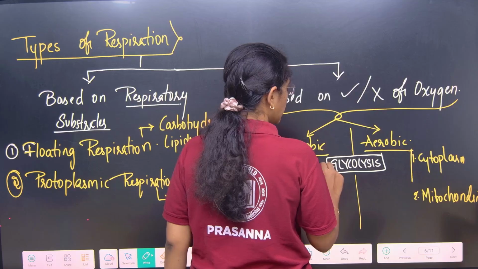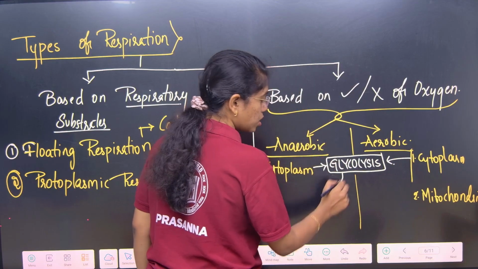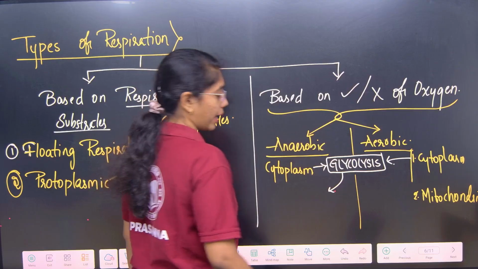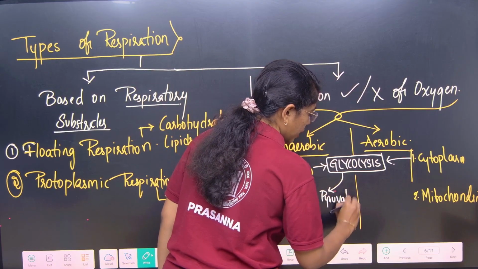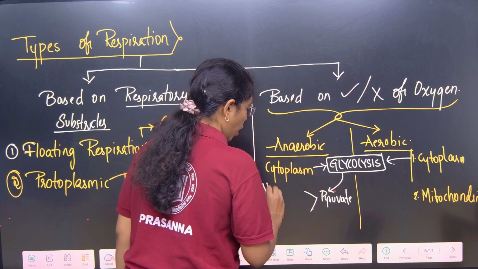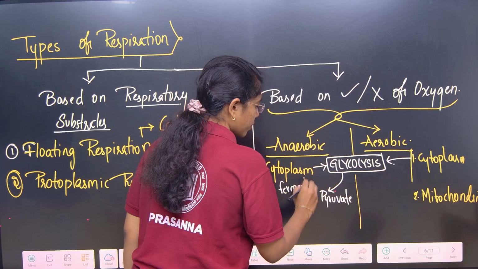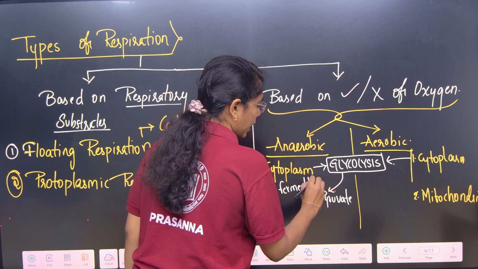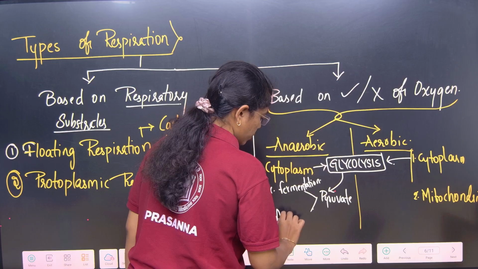Glycolysis happens in the cytoplasm itself. After glycolysis, the product formed is pyruvate, and this pyruvate can either undergo alcoholic fermentation or enter into lactic acid fermentation.